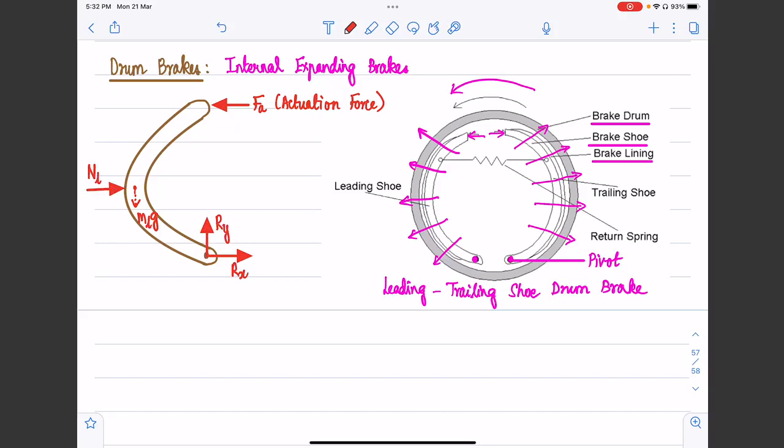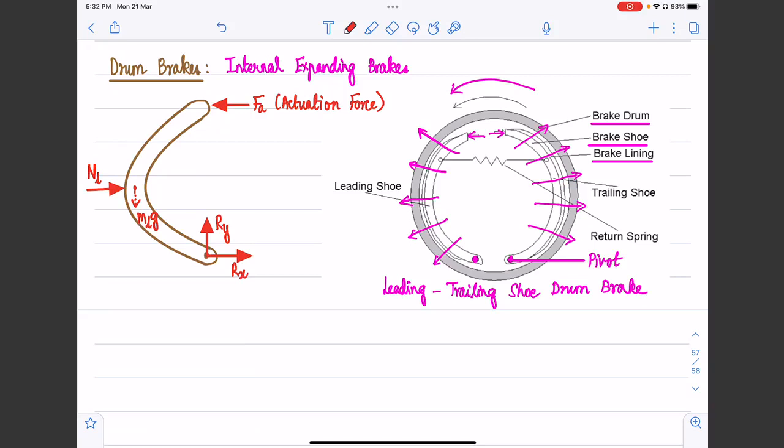We are going to lump all that force into a single normal load NL. So NL indicates the normal reaction on the leading shoe due to the process of braking.